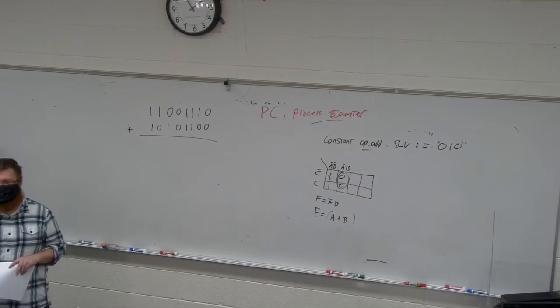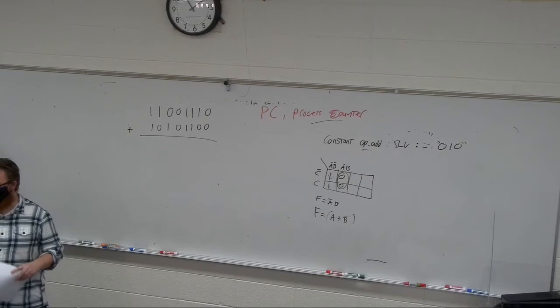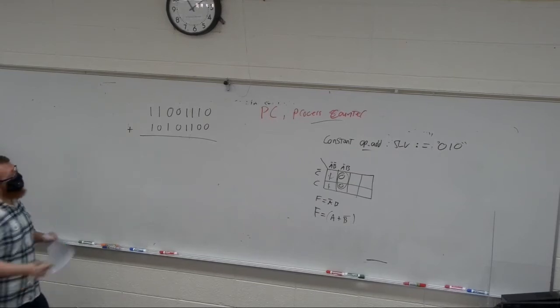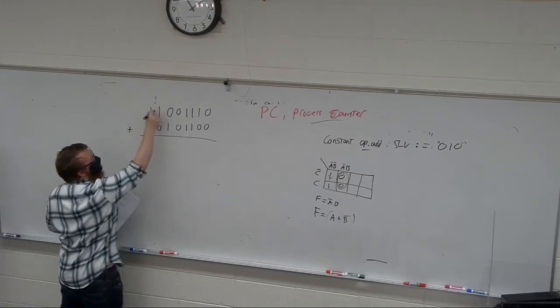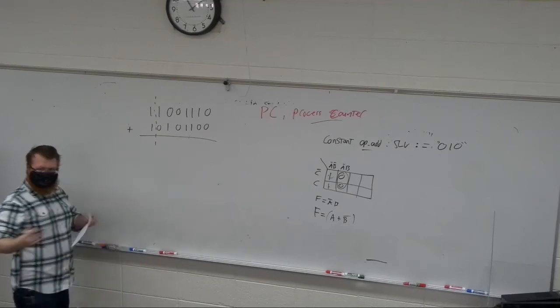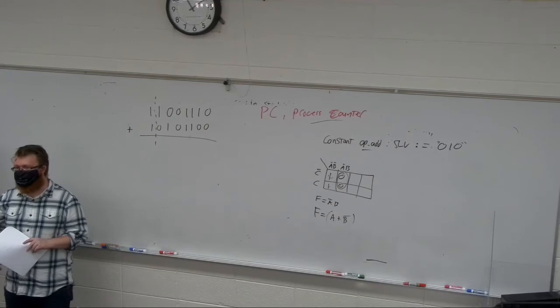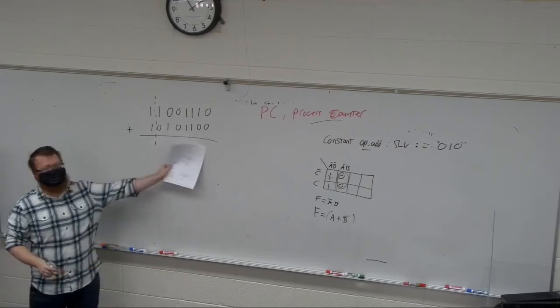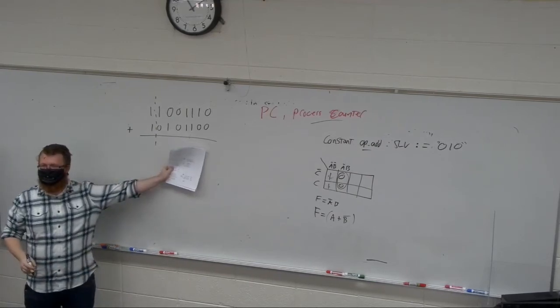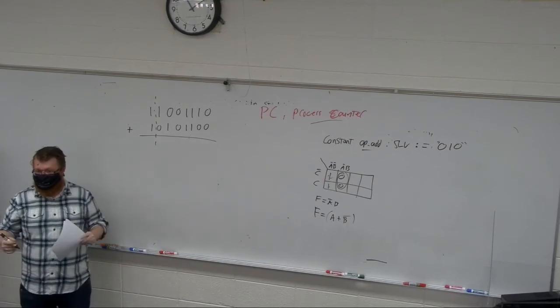Now, there are multiple ways to do this. The way I like to do this is I like to just separate the positives from the negatives, right? Because everything on this side is just a positive number. So when I want to add them, let's just add them.